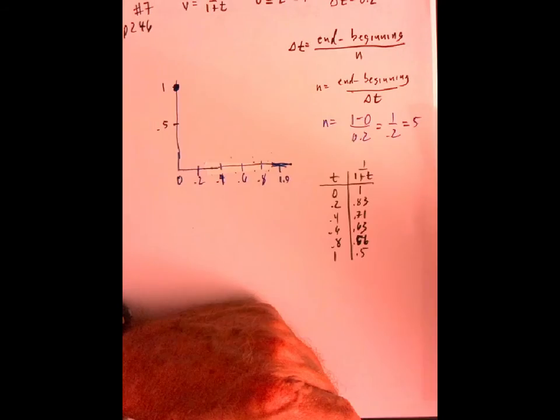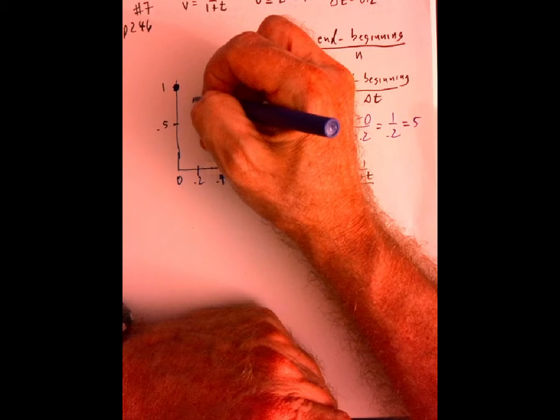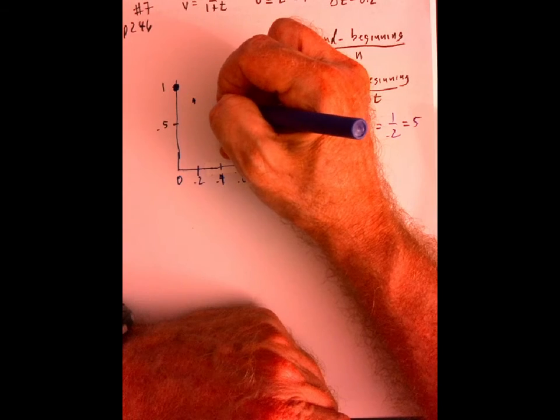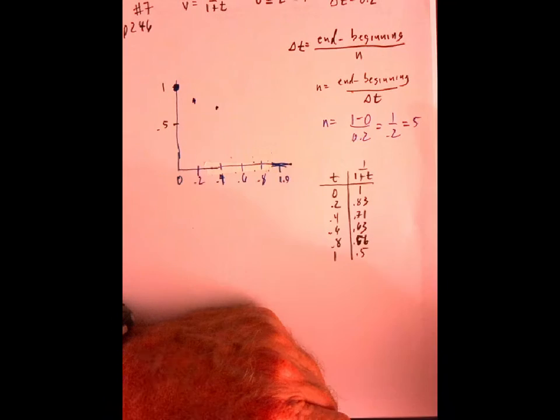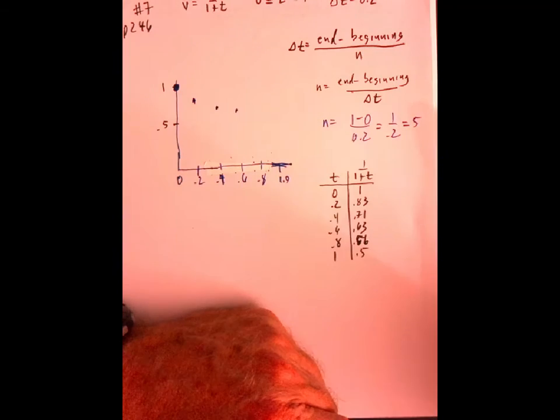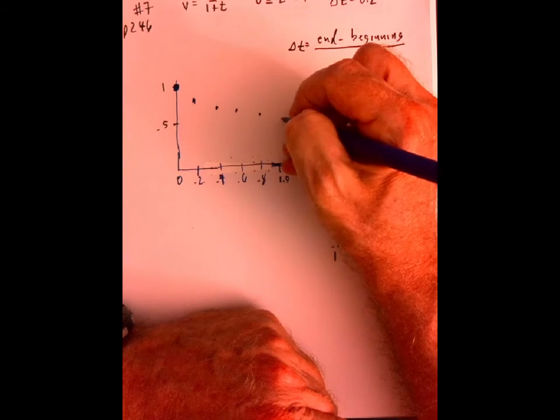Right? So 0, 1, and then 0.2 is about 0.83, which might be there, right? And 0.4 is about 0.71, which might be there. And 0.6 about 0.63, a little bit lower. 0.56, a little bit lower. And then 0.5 right there.